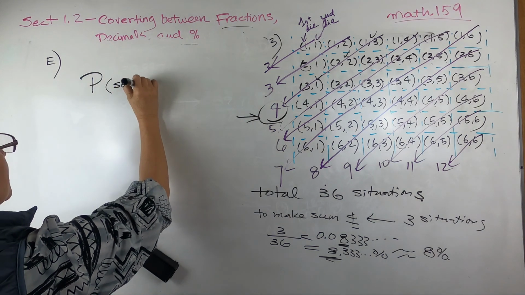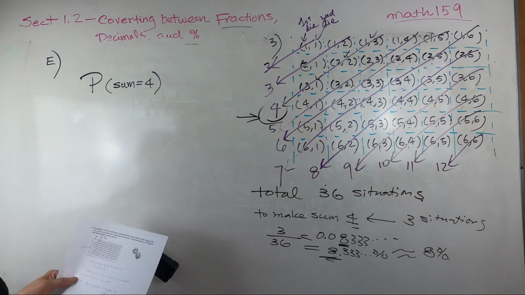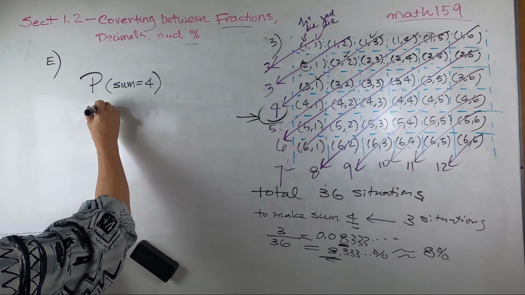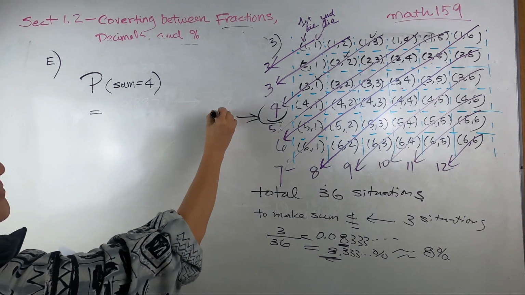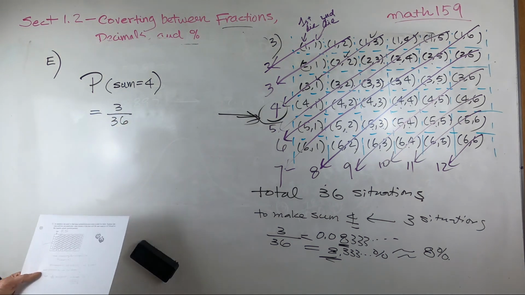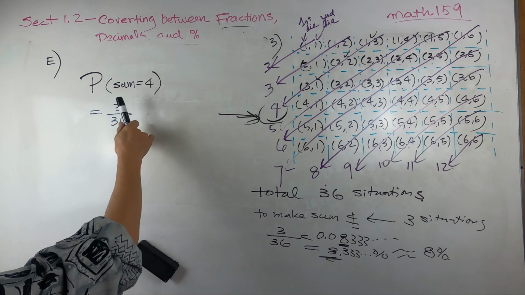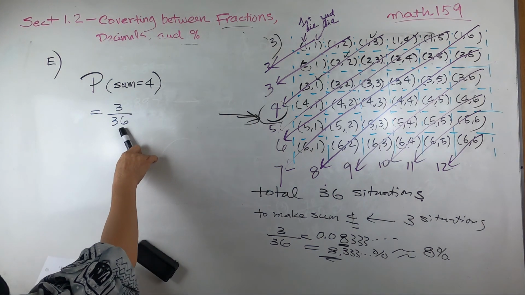You describe the event as the sum is 4. That's how we show it. Then the chance for it is 3 out of the total possibilities.